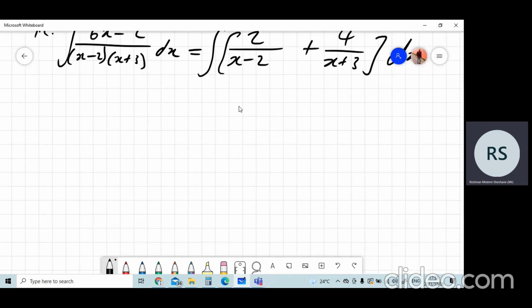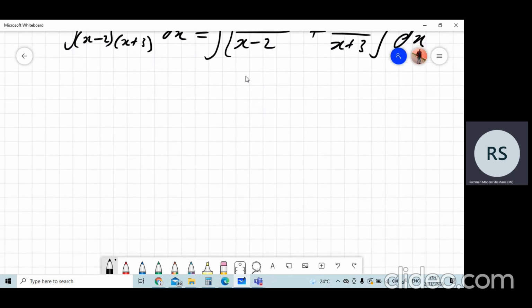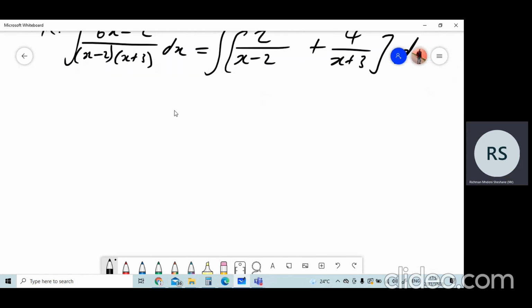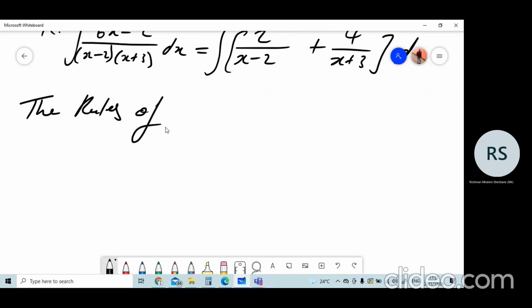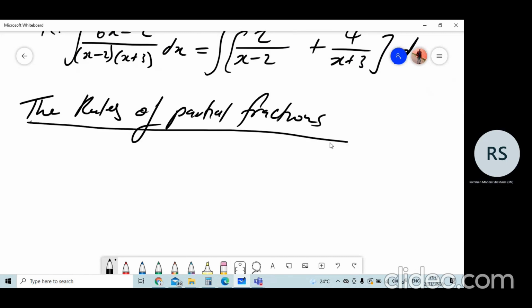Let me start by giving you the rules of partial fractions. I did this yesterday.